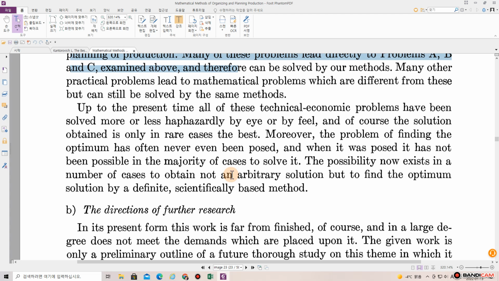Moreover, the problem of finding the optimum has often never even been posed, and when it was posed, it has not been possible in the majority of cases to solve it. The possibility now exists in a number of cases to obtain not an arbitrary solution, but to find the optimal solution by a definite, scientifically based method.